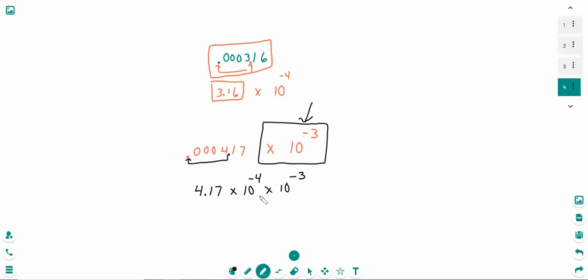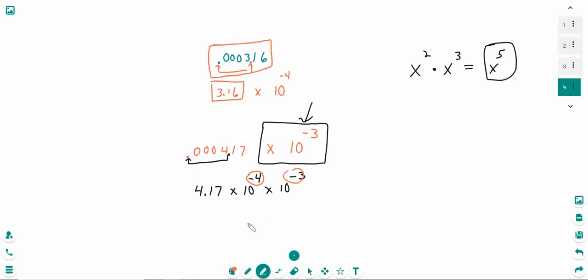Now I can treat these two 10s as like terms. If I have an x squared times an x to the 3rd, I can multiply these by adding the exponents, because they're like variables. 2 and 3 is 5, so we'd get x to the 5th. The same thing applies here. We treat these 10s as if they were variables, and we can just add the exponents.